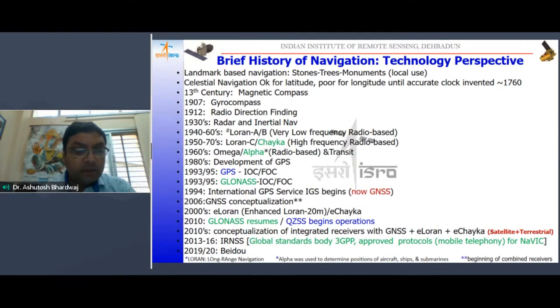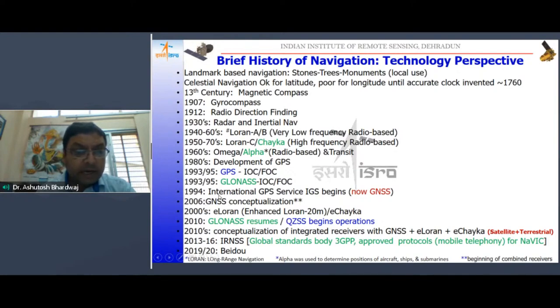That led to the handshake between the US and Russia, and that resulted in the conceptualization of the global navigation satellite system, which is the topic of today's lecture. So what is that system?